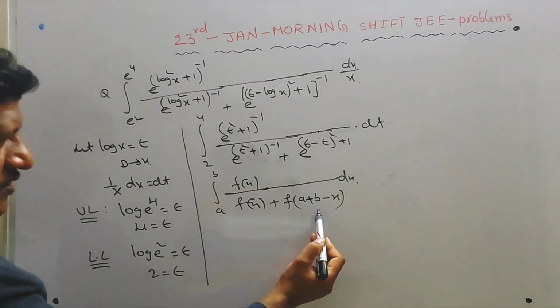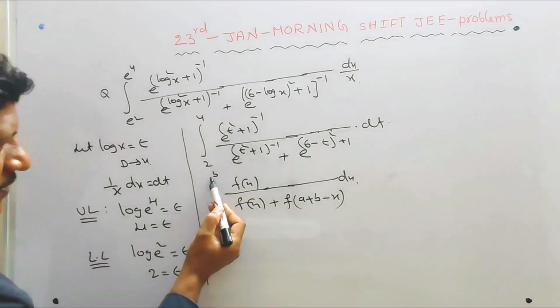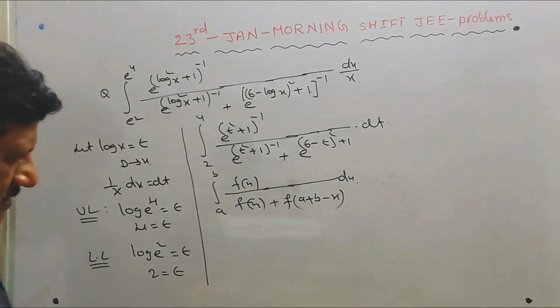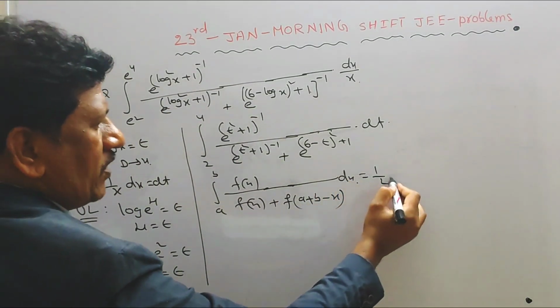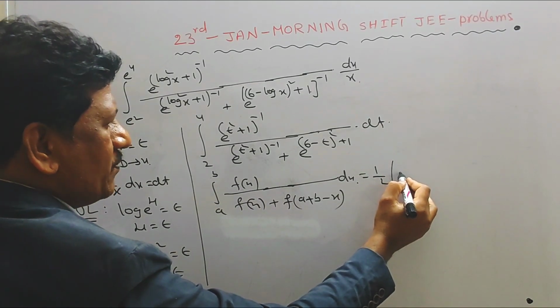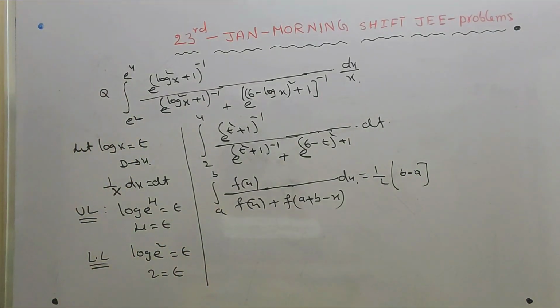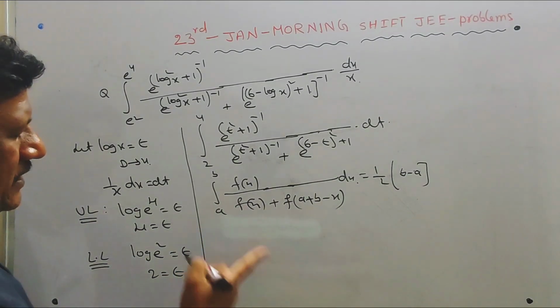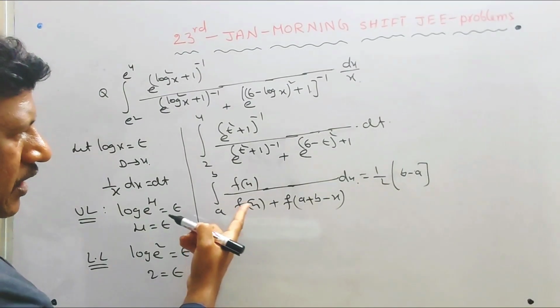In the third function, we must have in the place of x the sum of two limits, meaning a plus b minus x. If the step is like this, the formula will be 1 by 2 into upper limit minus lower limit. Then you have to check whether this step is in the form of this formula or not.